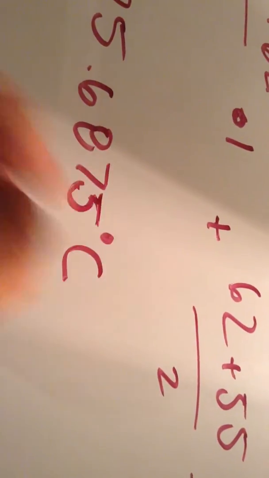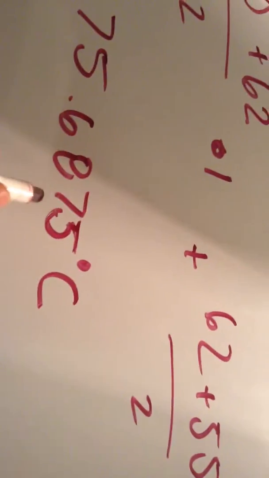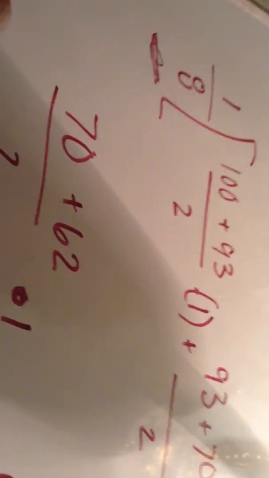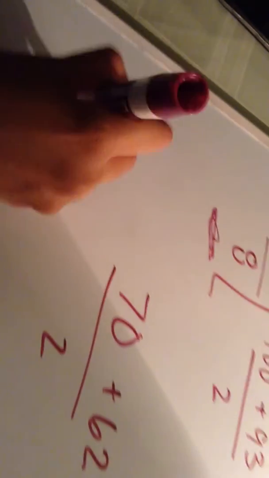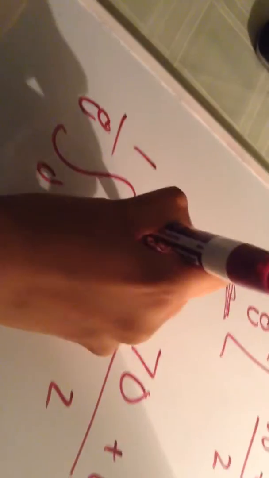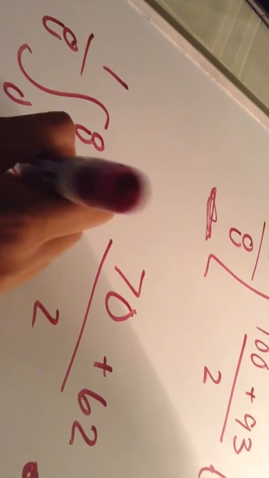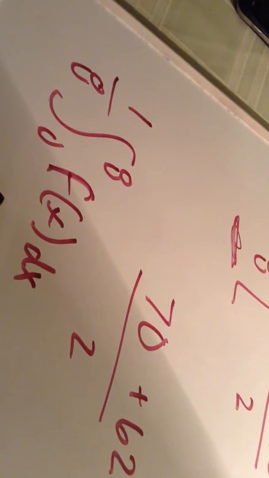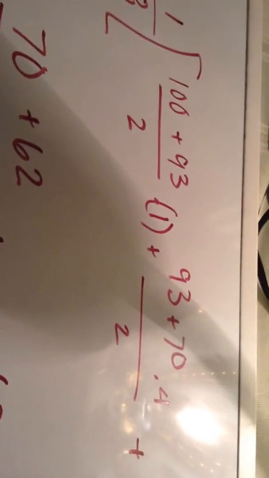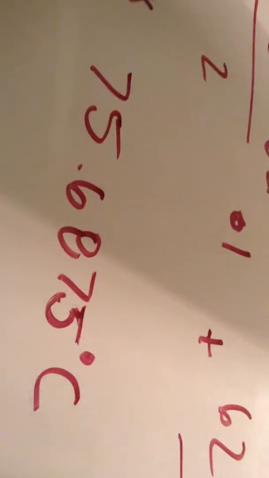You will get 1 point for this setup of the formula that I showed you earlier with 1/8 from 0 to 8. They'll give 1 point for this trapezoidal sum, and you will get 1 point for the correct answer with units. Remember your units.